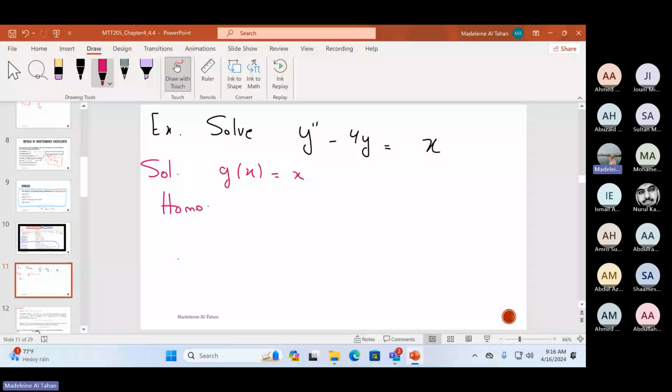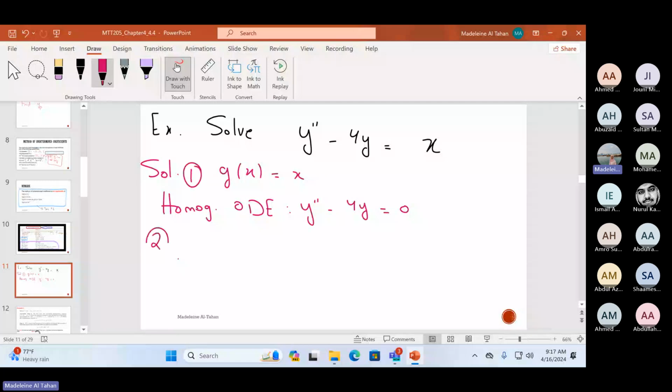Okay, the homogeneous ODE is y double prime minus 4y equal to 0. The first step is identifying our g of x and identifying the homogeneous differential equation. Are we okay with it? Yes. Okay, this is step number 1.